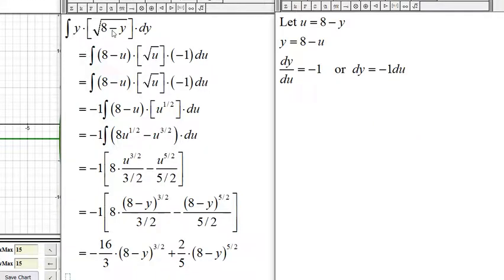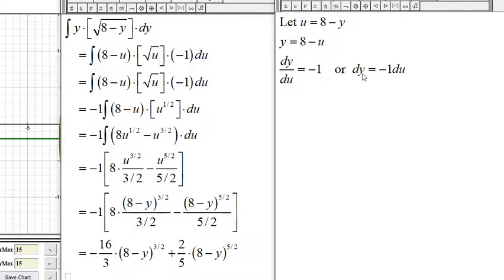And so to do this integral right here, we can use what's called the u-substitution method. So let u be 8 minus y. And then solve for y. We get y equal to 8 minus u. The derivative dy/du is 0 minus 1, which is negative 1.